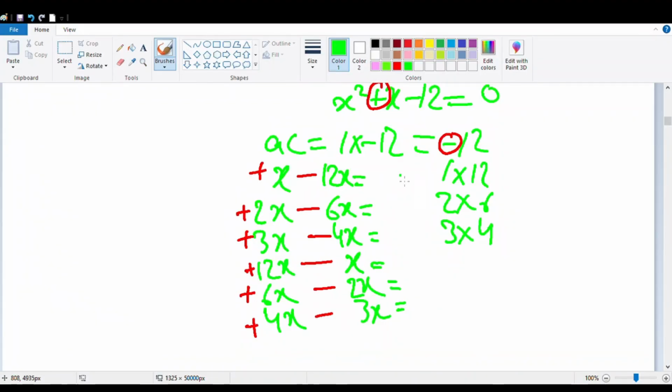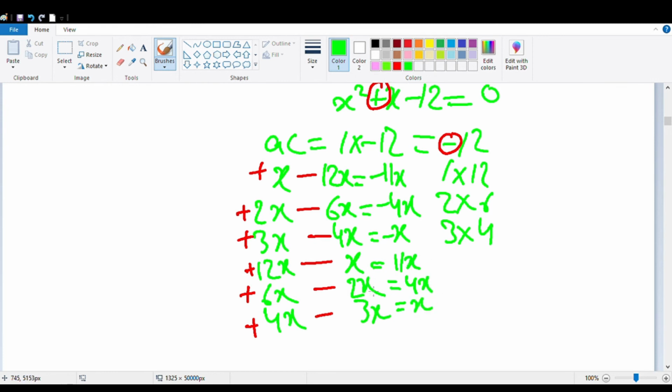So here are the scenarios, and let's write down what we get by solving. So first it's negative 11x, negative 4x, negative 7x, negative x, and here it's going to be positive 11x, positive 4x, and positive x.